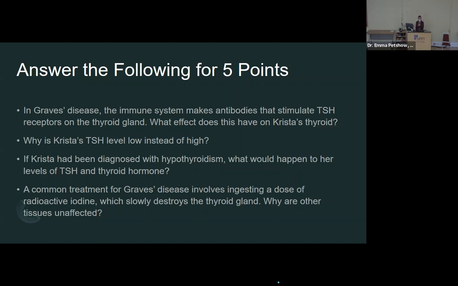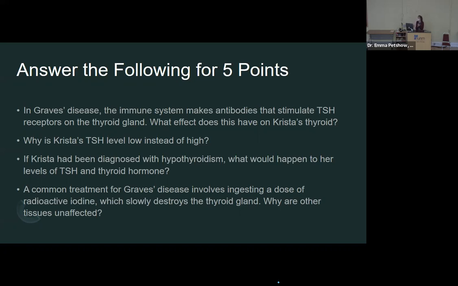What would that change? Okay, it would be inverse. So what would happen to TSH? High, right? And what about thyroid hormones? Low, great. We have low levels of our thyroid hormones, an inability of our body to do that conversion.